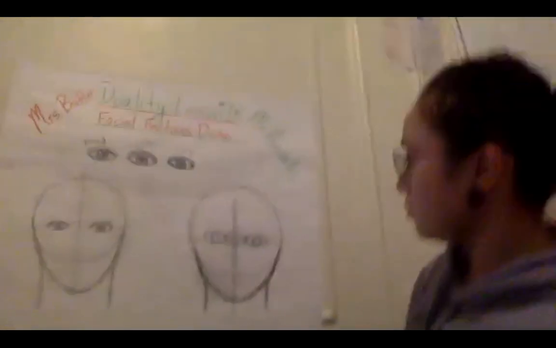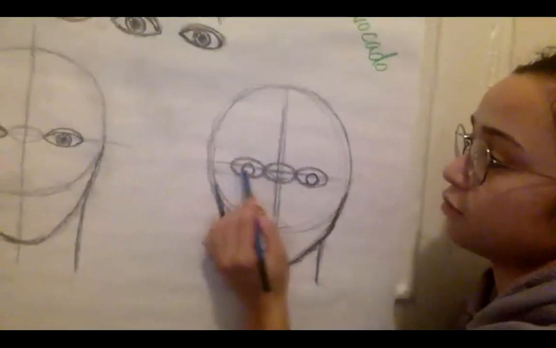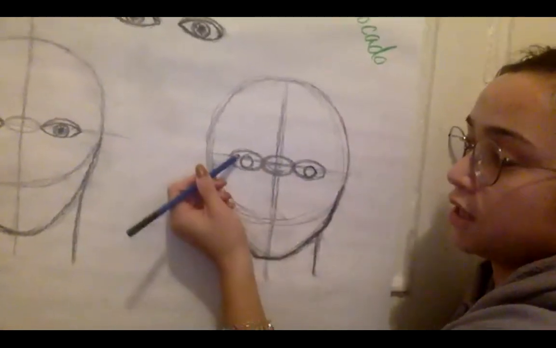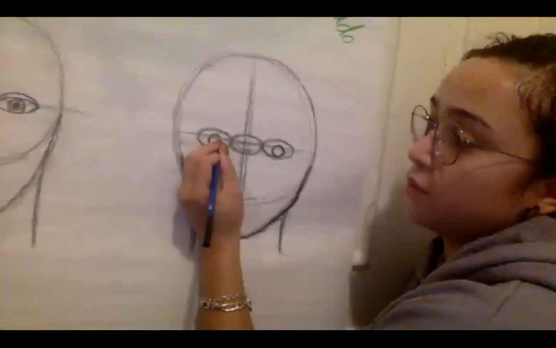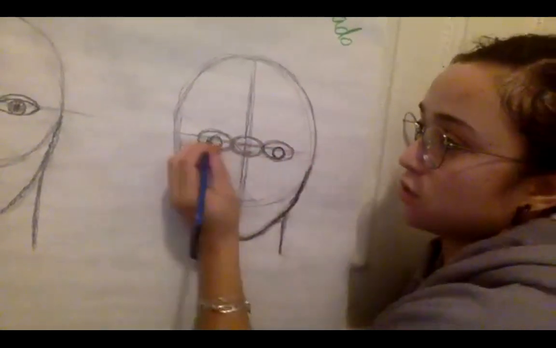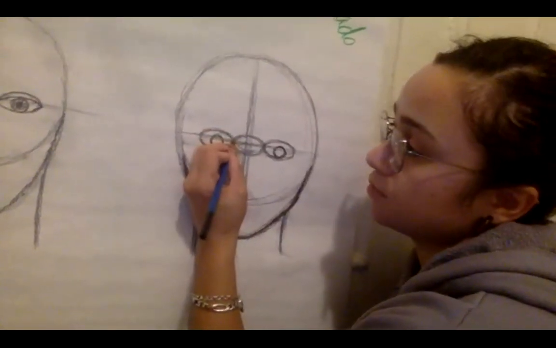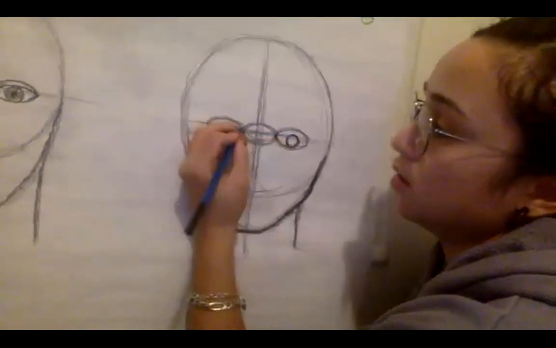So our full eye is halfway through, but our iris, because it hangs at the bottom, is just a little bit above the line, and then the rest is below. So now I'm going to do my teardrop. I'm going to do my crease on both sides.